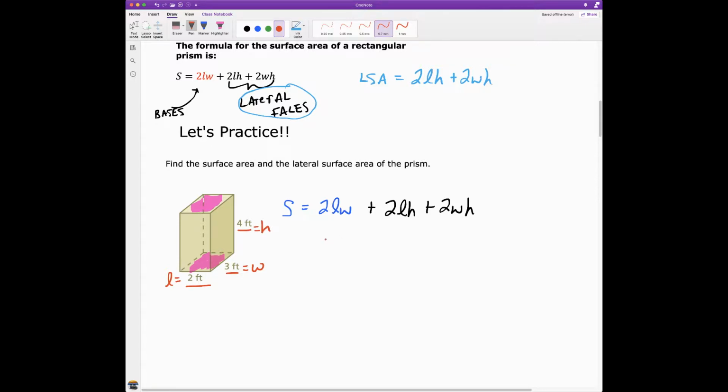By doing that, I can ensure that I put the right numbers into the right part of the formula.